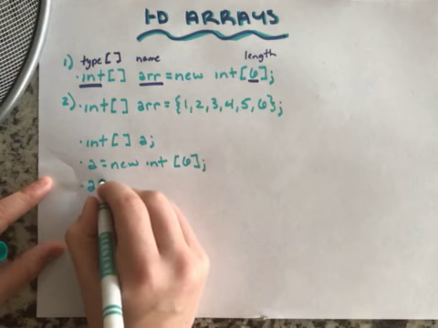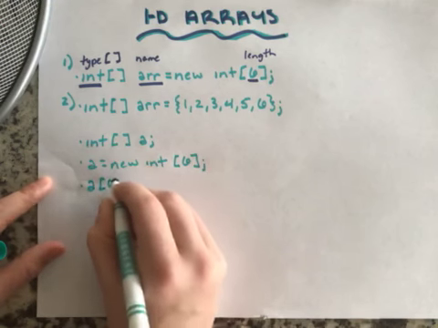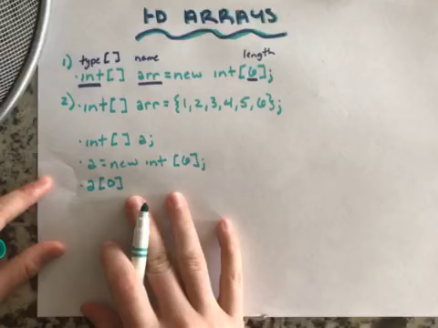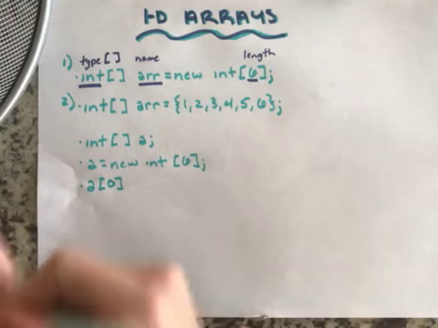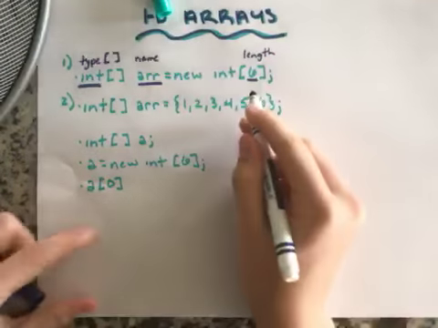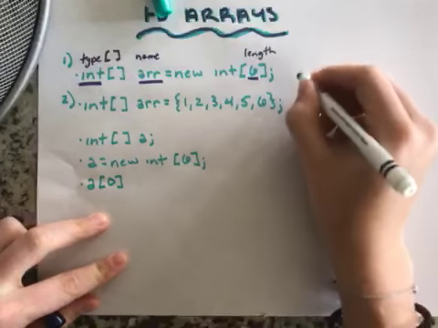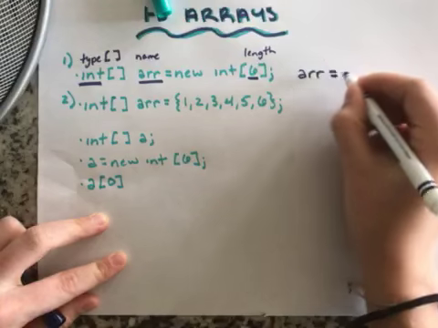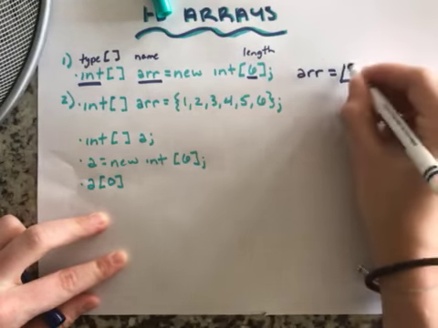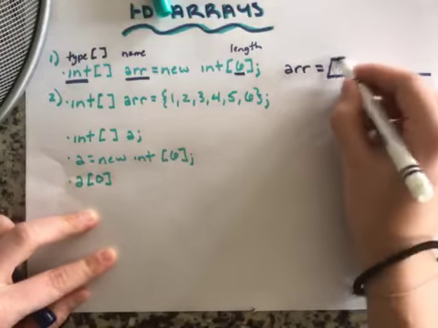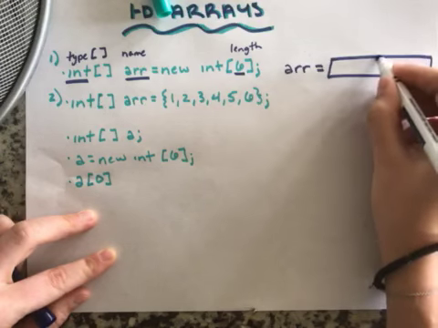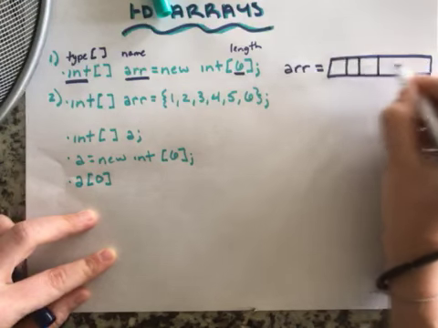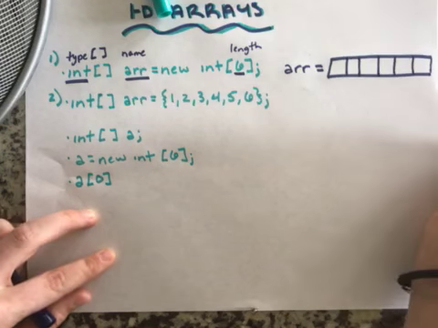You would go a 0, or whatever box you're filling in. So whenever I make this line of code, I'm saying this array, the name of it, is six different boxes.